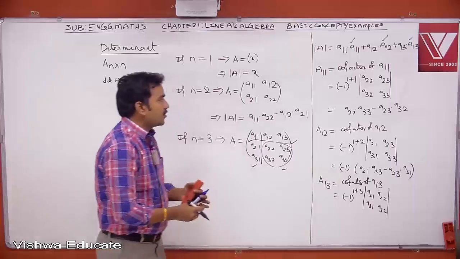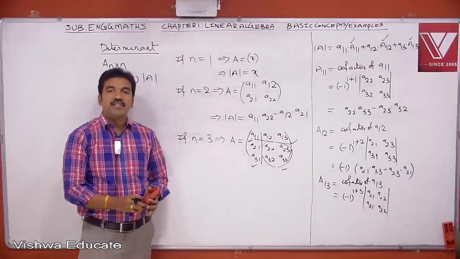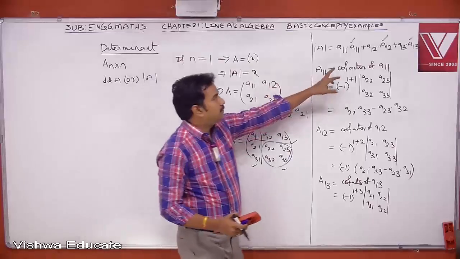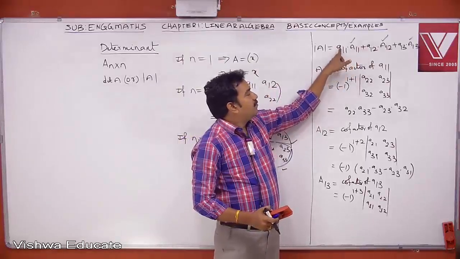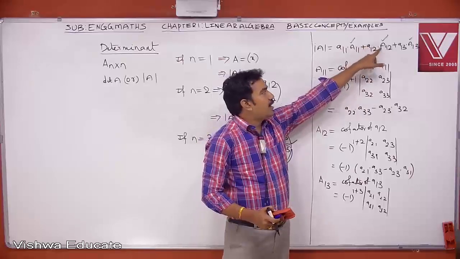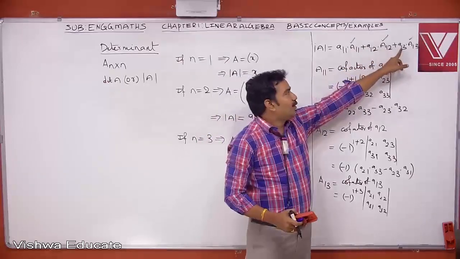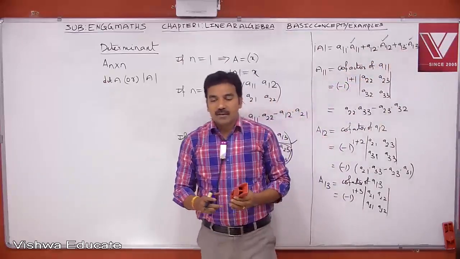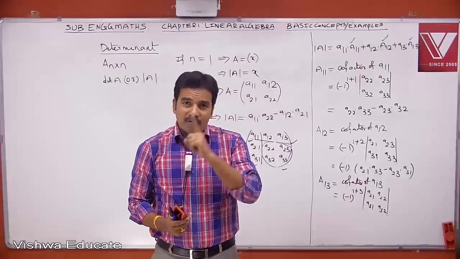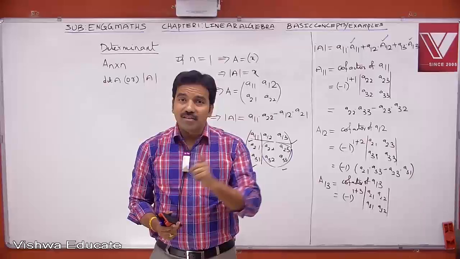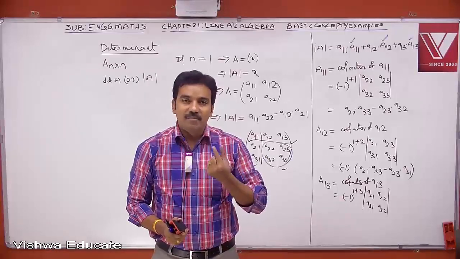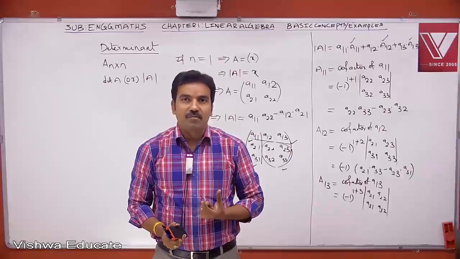Like this, we can expand the determinant of any general n-cross-n matrix. You can see in this formula, we have multiplied the first row element with its cofactor, plus the second element multiplied with its cofactor, plus the third element multiplied with its cofactor. That means we have selected the first row, found the cofactors of all these elements, multiplied each cofactor with its element, and in between applied the plus symbol.